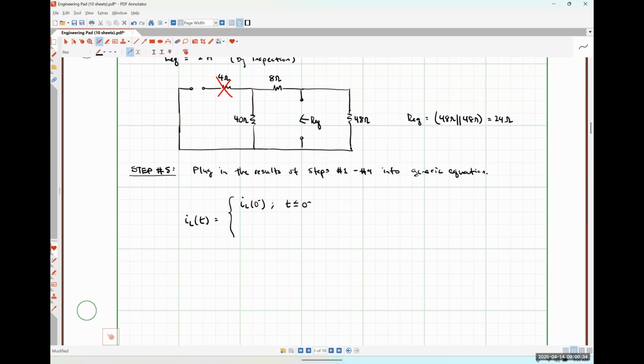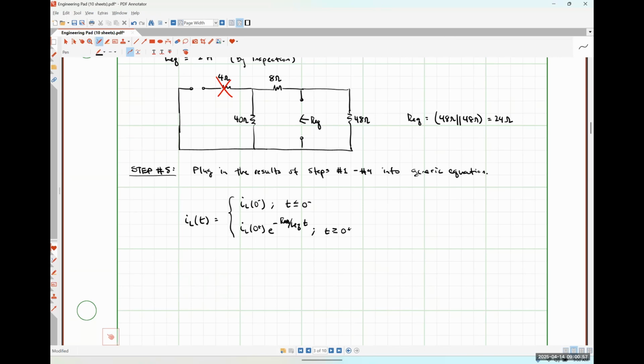That's just our DC steady state analysis occurring at t equal to 0 minus. And then we had IL at 0 plus e to the negative REQ over LEQ times time for t greater than or equal to 0 plus.